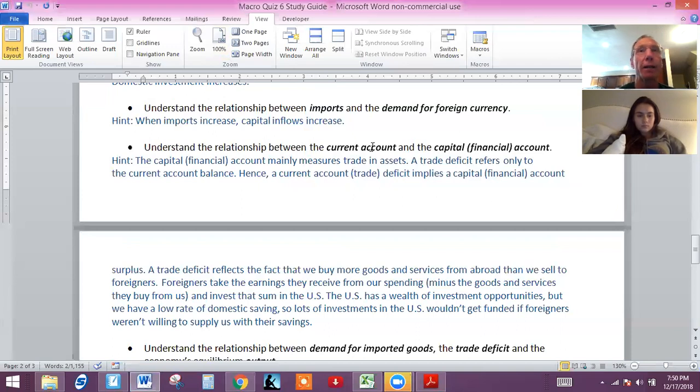Which means that in the macro sense, if I borrow money on my credit card, my credit balance or my financial account actually goes up, because I borrowed this money. So these move in the opposite direction. Whatever deficit our current account has, the financial account has the exact same amount as a surplus.